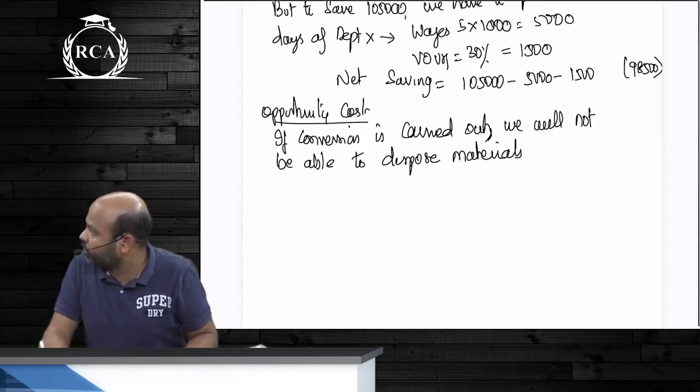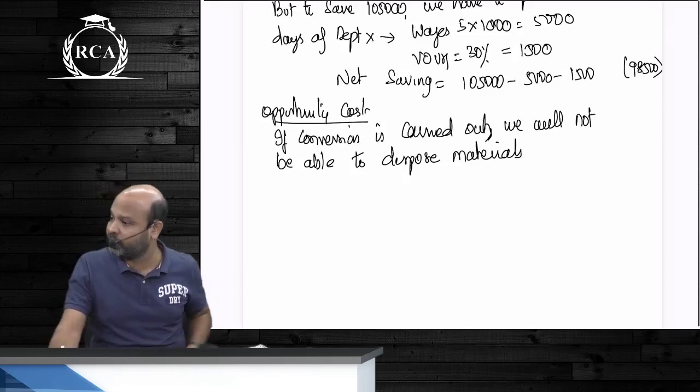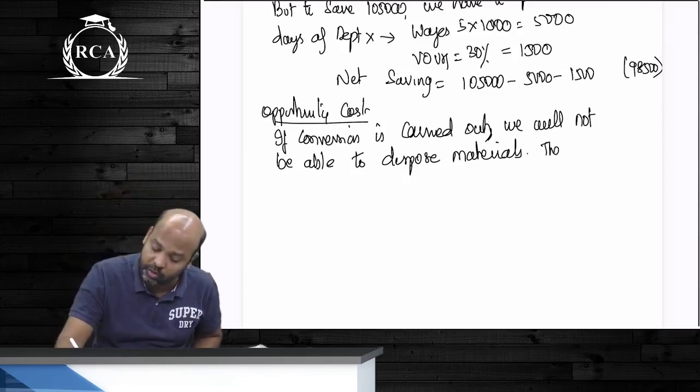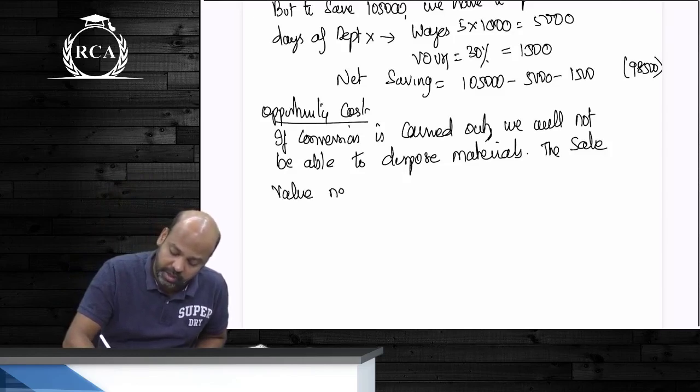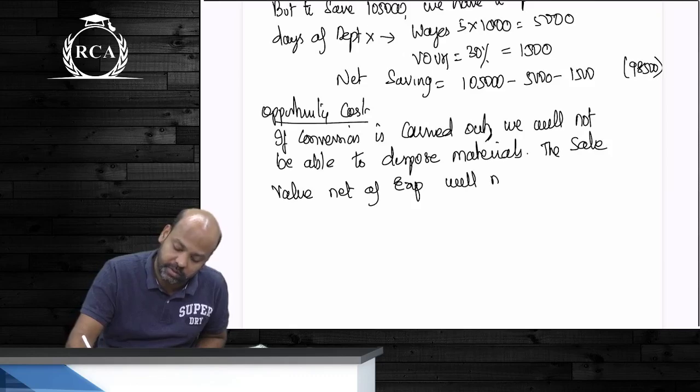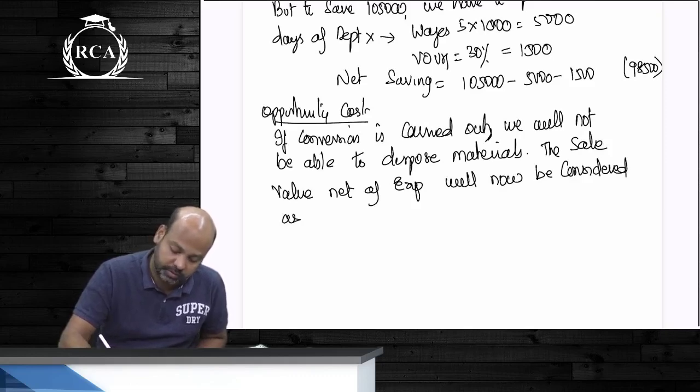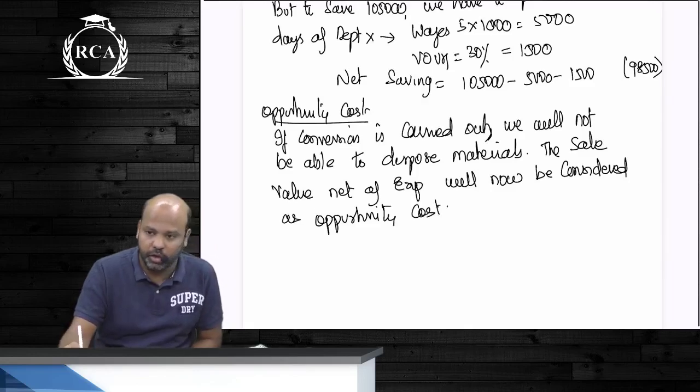So the sale value net of expenditure will now be considered as opportunity cost. Yes or no?